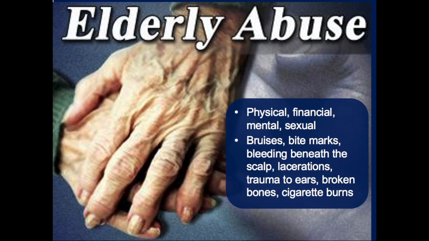I think the elderly patients who are most at risk for a lot of these types of assault are those who are bedridden, who very much depend on the care of another person to get through their day, patients who have dementia or any type of cognitive impairment, patients who are incontinent, who are frail, or who have disturbed sleep patterns and just require a lot of care from a caregiver. This can be a significant source of stress for caregivers, and sometimes that can lead to different forms of abuse.